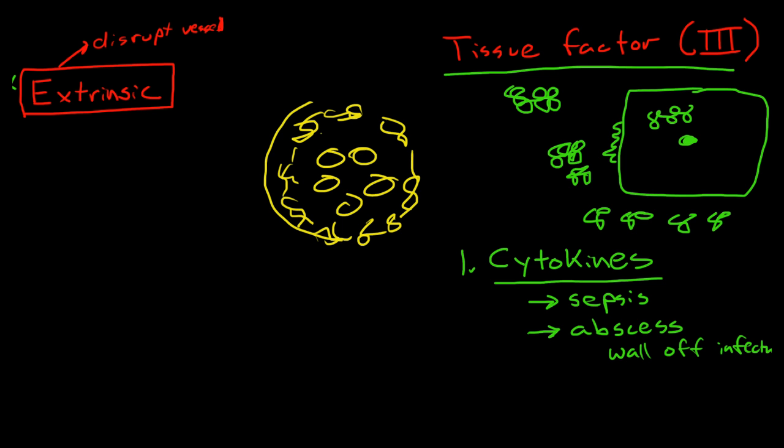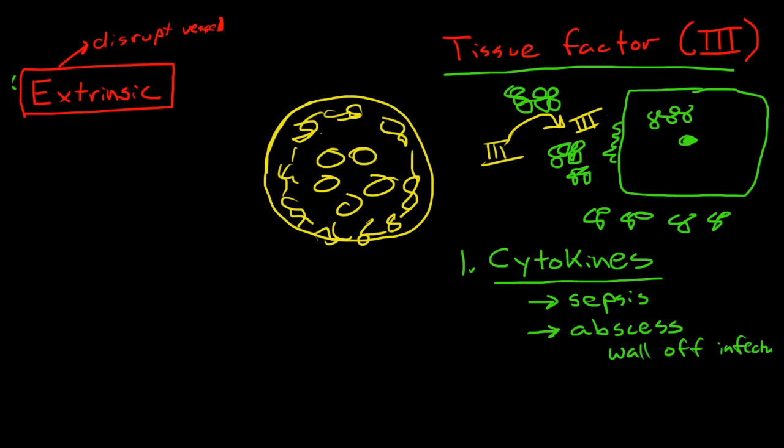And the abscess is surrounded by a very strong wall that is made up of fibrin. Okay, so cytokines themselves can activate tissue factor and cause it to turn from its inactive form to its active form.